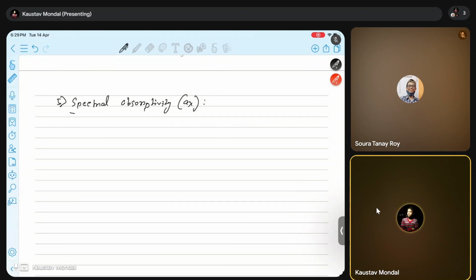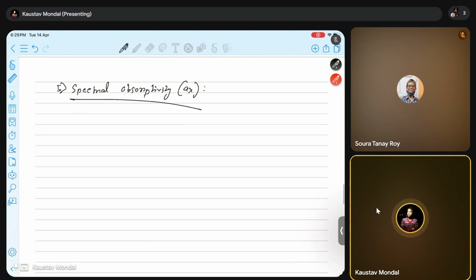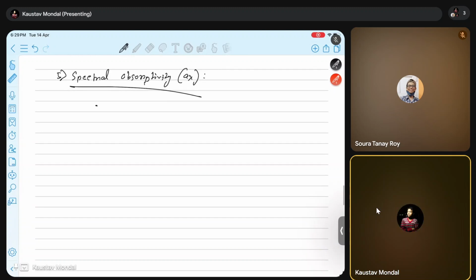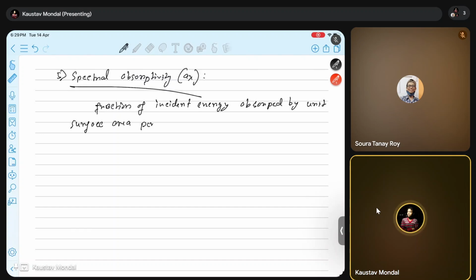So it's defined as the fraction of incident energy absorbed per unit surface area and per unit time.